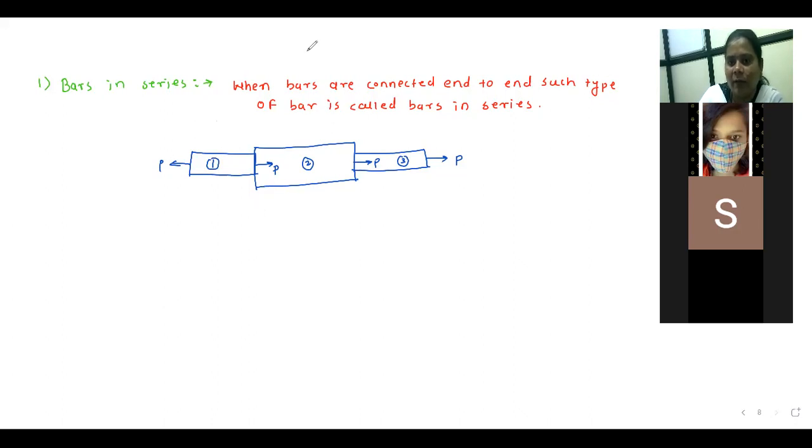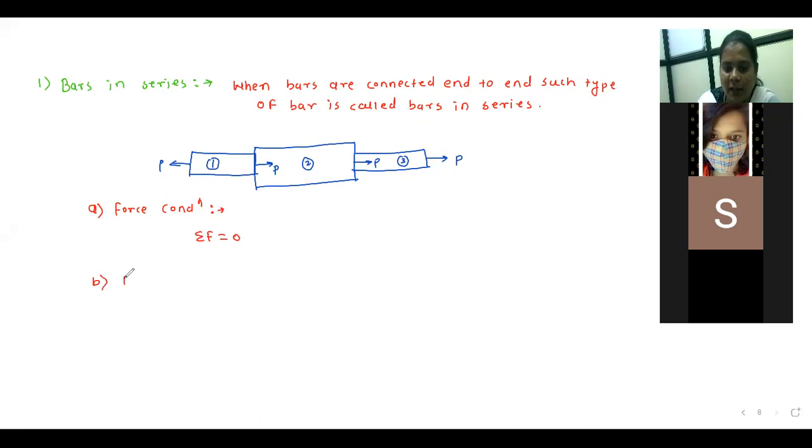So when you are analyzing or solving problems, at that time, in the first step, you have to apply the force condition. You have to take the summation of all forces, summation F equal to 0. This is the first condition.